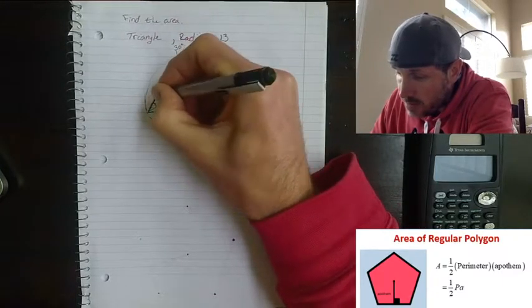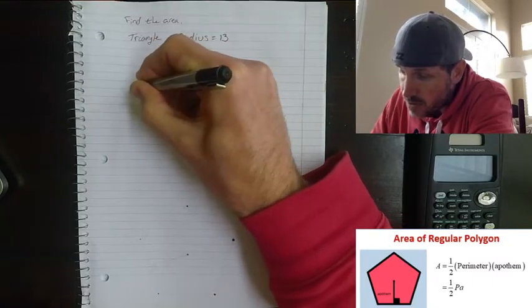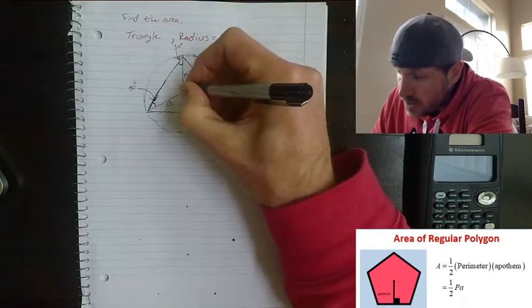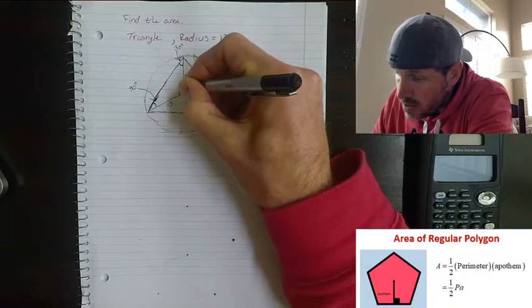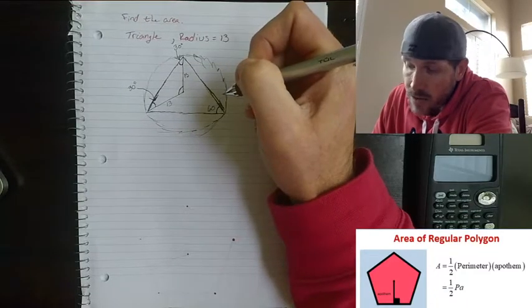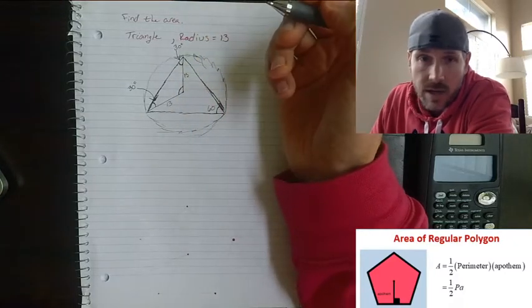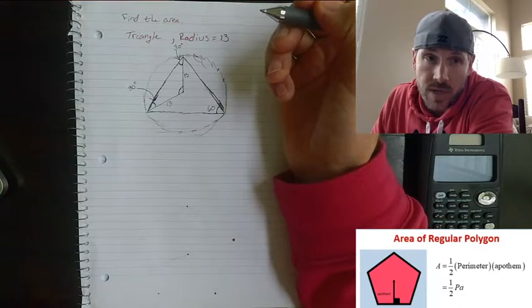This angle is also going to be 30 degrees. Knowing what we know about triangles, that puts this now at 120 degrees. But we need to find the apothem, so we can use our formula to calculate this.